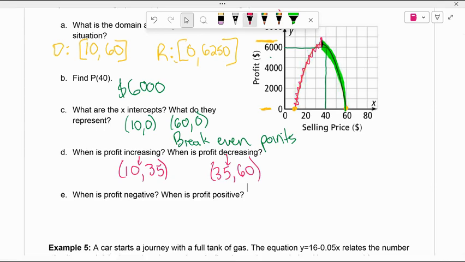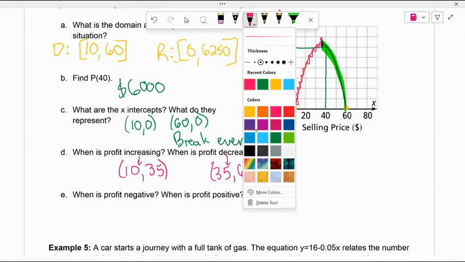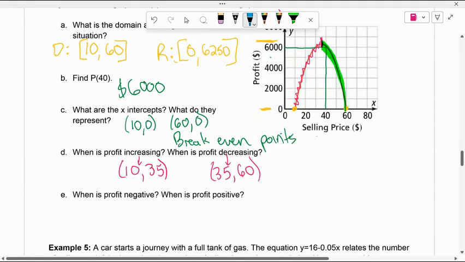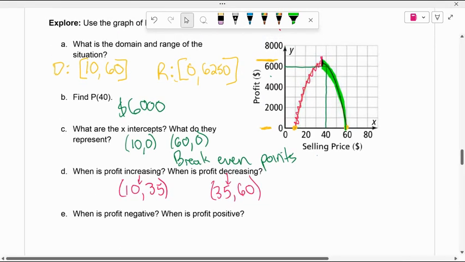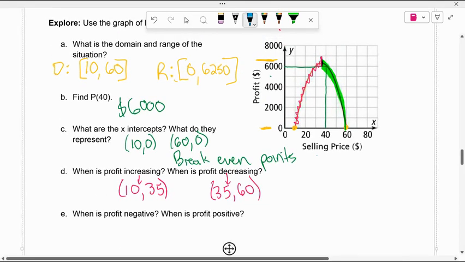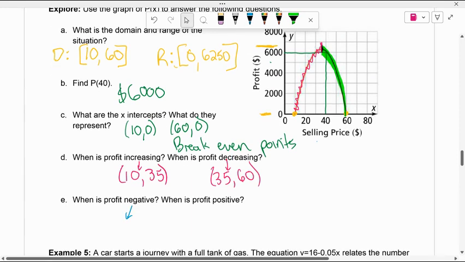Now, very similar, except now we're talking about profit negative and positive. So this is all positive. It'd be negative if we charge between $0 and $10, because that's here, so our graph would be going down, or if it's anything over $60.